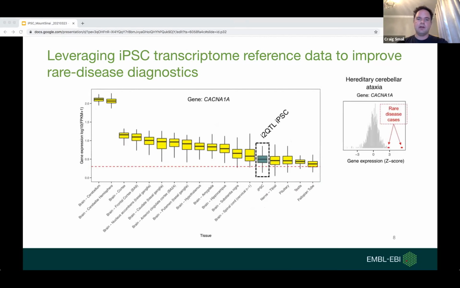But now, as illustrated in the dashed black line box, if we add in the RTQTL iPSCs, we can see expression now in iPSCs of a gene that has clear tissue-specific expression patterns, and particularly in tissues that would be very dangerous to biopsy clinically.